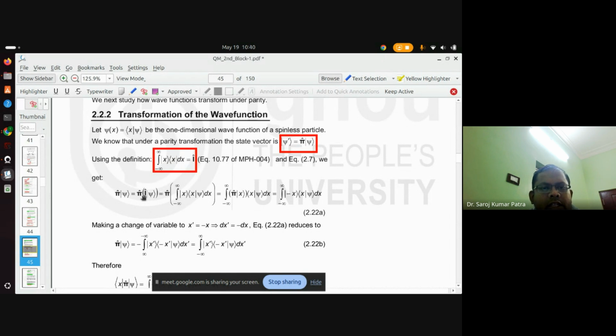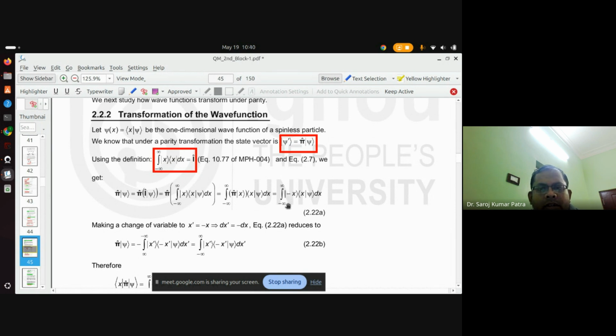Instead of identity, I am writing this. So what will happen then? |x⟩⟨x| operating on ψ dx. That will be equal to Π operating on |x⟩, then ⟨x|ψ⟩ dx. So what is Π operating on |x⟩? It will go to the |−x⟩ state that we have already discussed. Right? It will go to the |−x⟩ state.